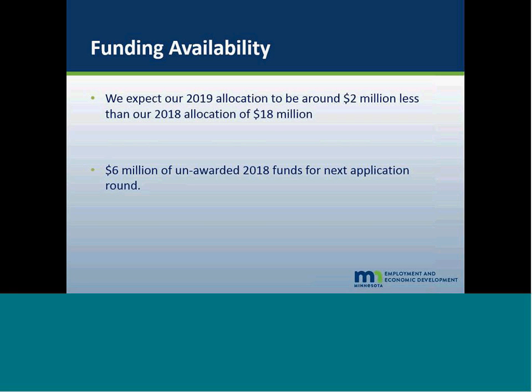Fundability. For the 2019 allocation, we expect approximately $2 million less than the one we're receiving currently of $18 million. Million of unawarded 2018 funds for the next round.